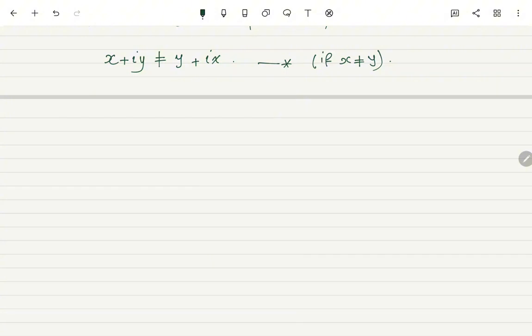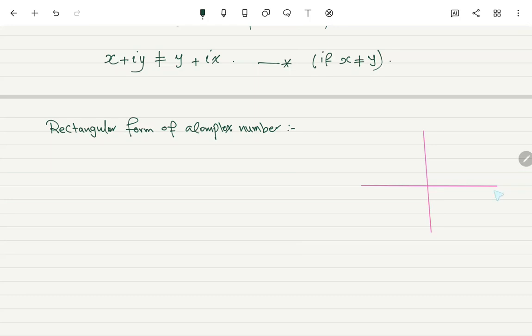Let's have a graphical representation of a complex number. Let's use the rectangular form of a complex number. Assuming that these are the x and y coordinates, so this is x and this is y.